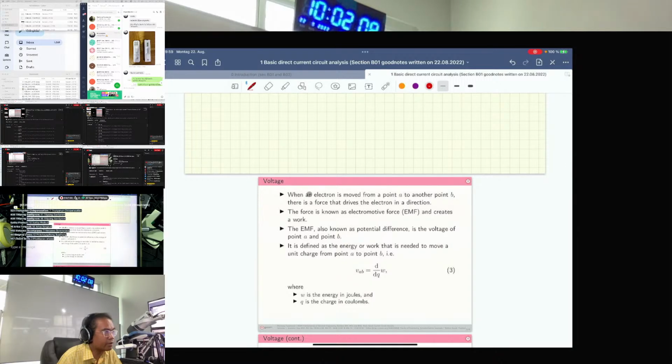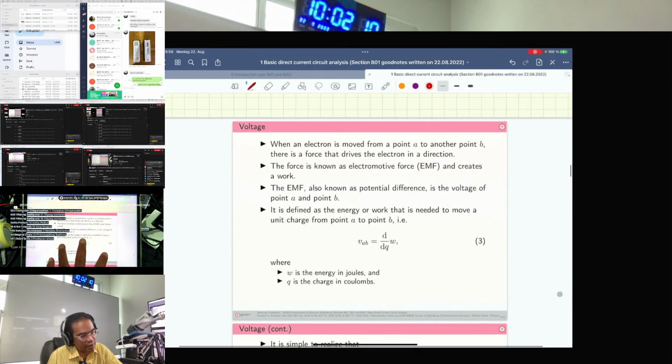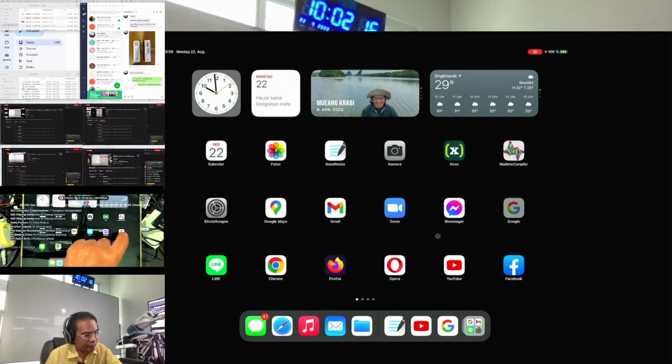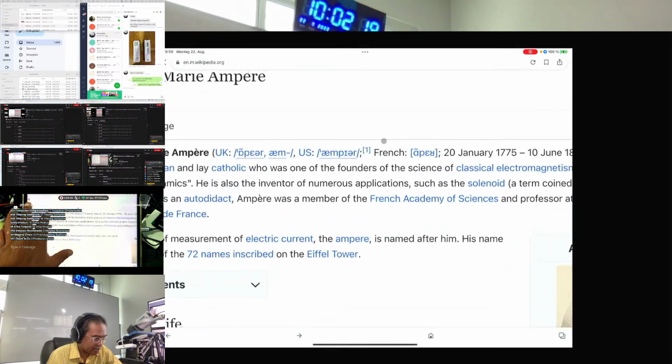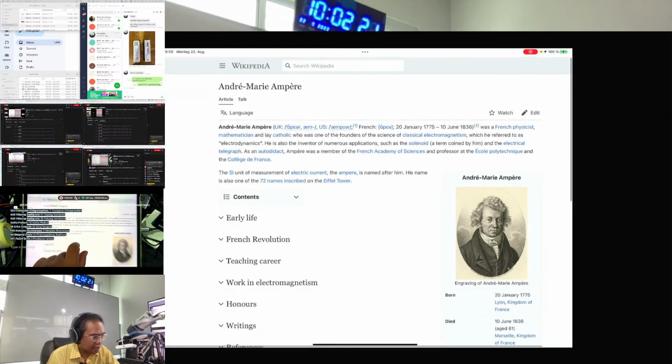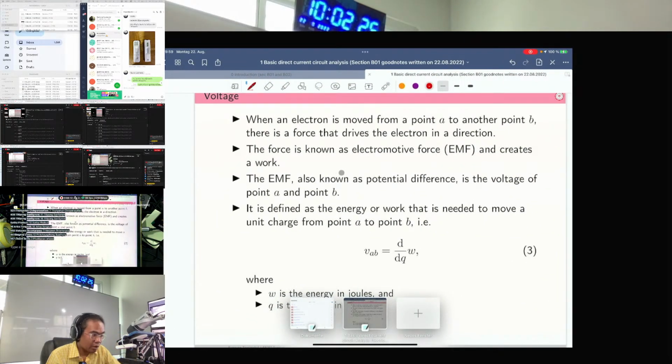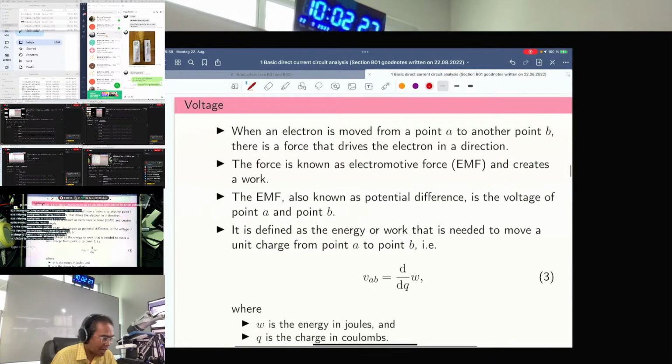Okay, now we move to the next quantity, which is called voltage. Andre Marie Ampere is from France, he's French, and this guy is different. At that time the people paid so much attention to electricity because it was a new technology, but it's not the main thing for us to consider this year, it's quite old.